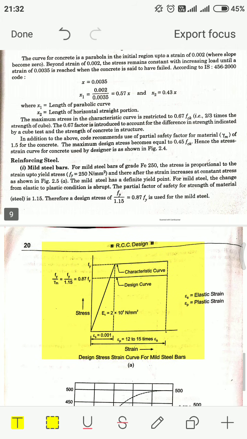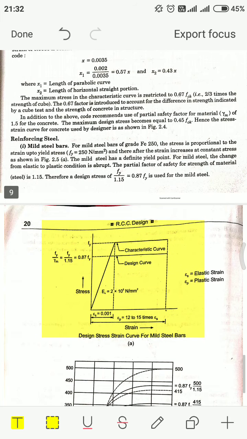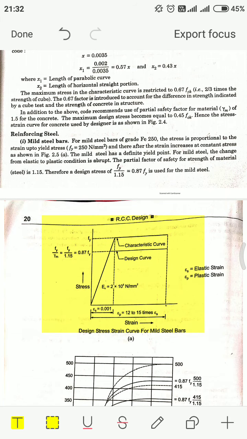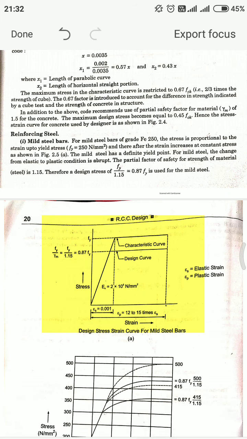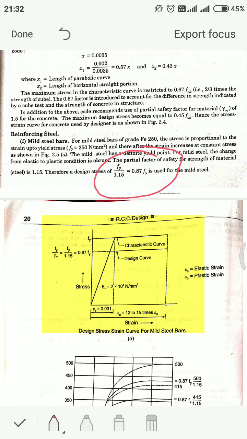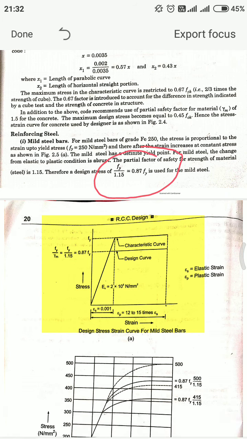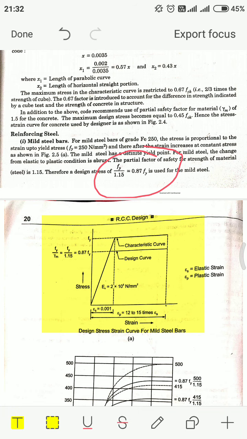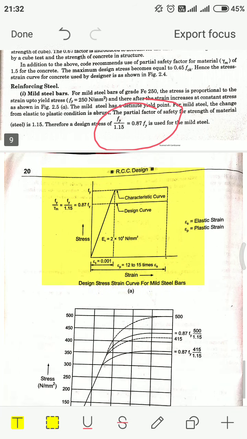The mild steel has a definite yield point. For mild steel, the change from elastic to plastic condition is abrupt. The partial safety factor for the strength of the material is 1.15. Therefore the design stress of Fy divided by 1.15 is equal to 0.87 Fy, which is used for mild steel.